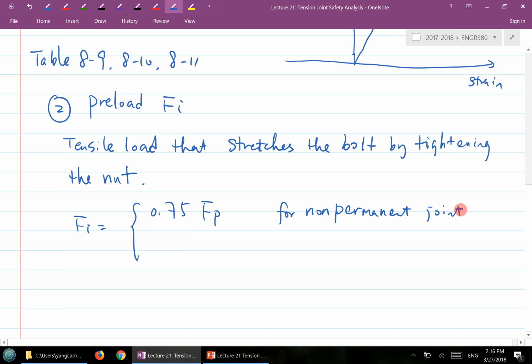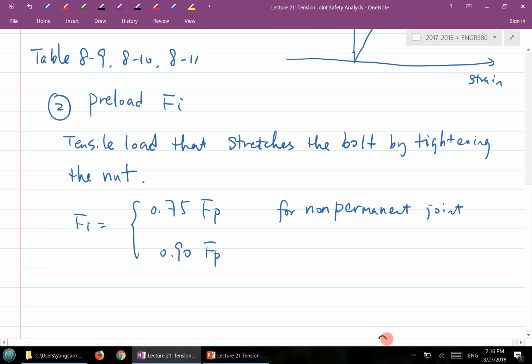Remember what FP is? It's the proof load, the load corresponding to the proof strength. Now, if it's a permanent joint, then you can use 0.9 times FP.